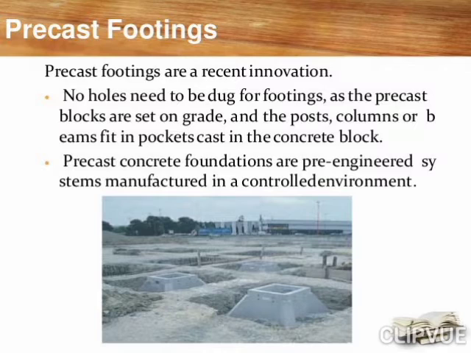No holes need to be dug for footings as the precast blocks are set on grade and the post, column or beams fit in pockets cast in the concrete block. Precast concrete foundations are pre-engineered systems manufactured in a controlled environment.